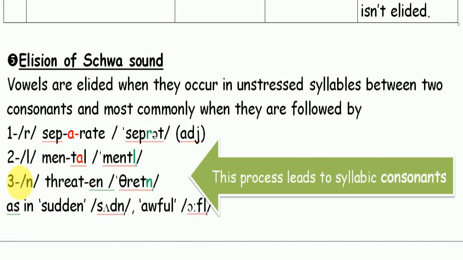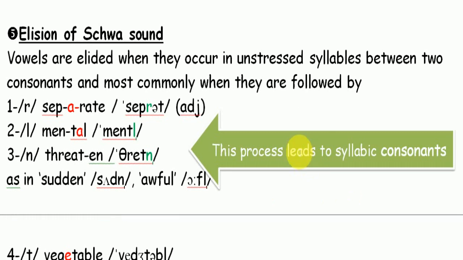Here, this process leads to syllabic consonants. A syllabic consonant forms a separate syllable, and no vowel sound is pronounced at all, as in sudden, often.